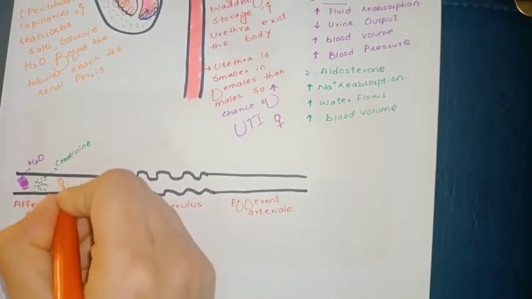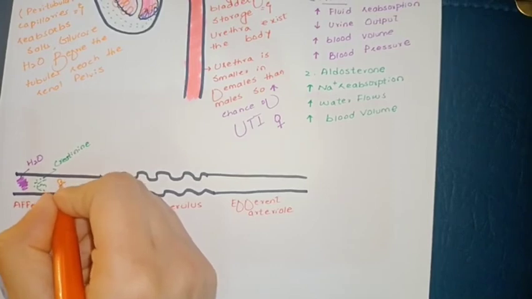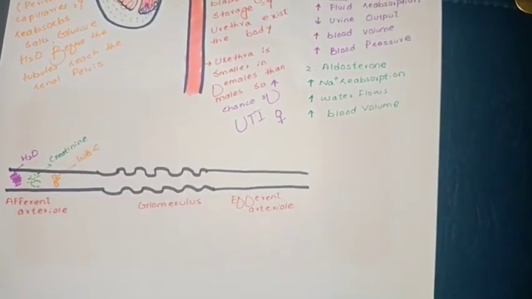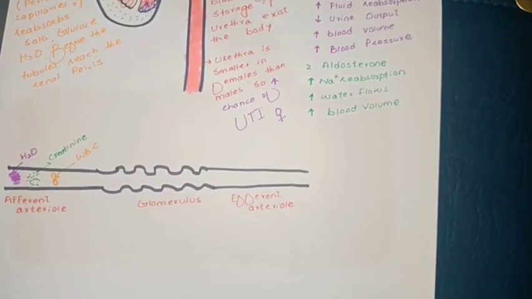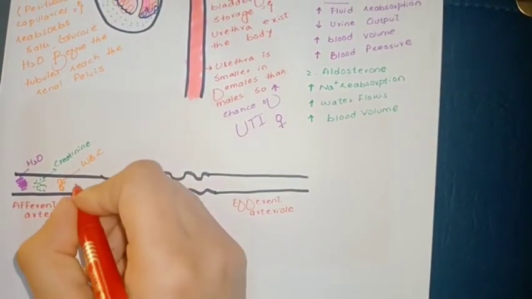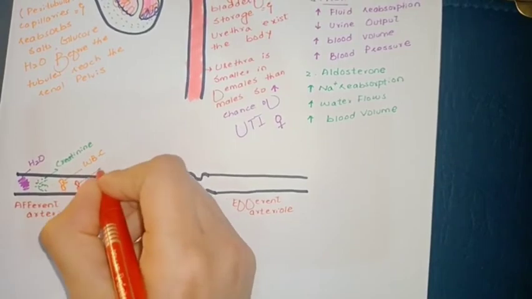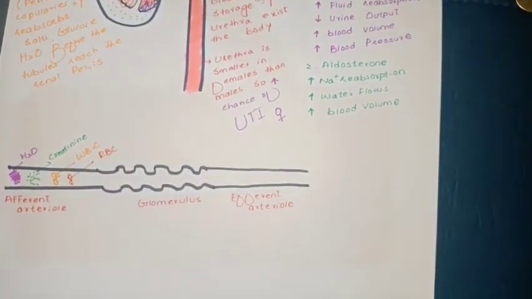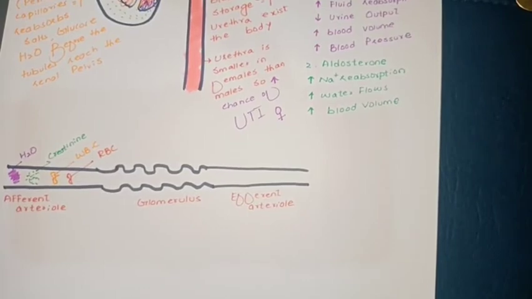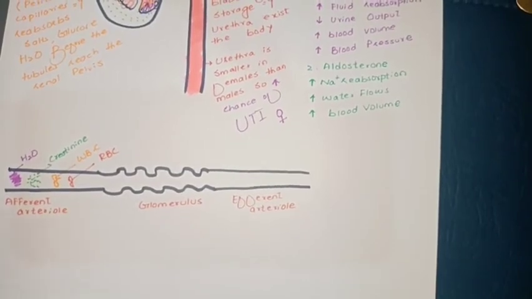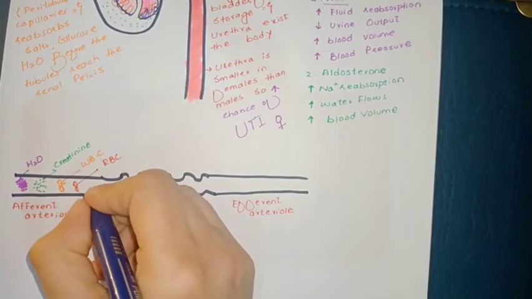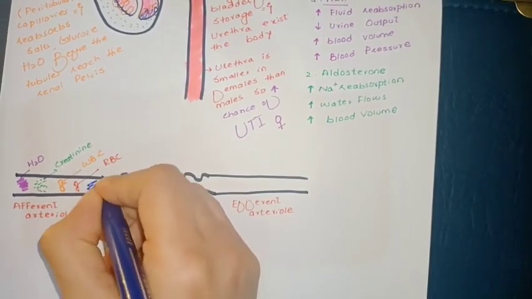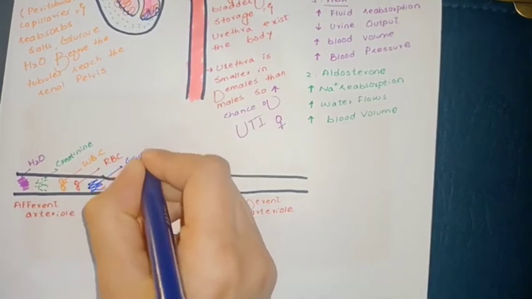This is a white blood cell. This is RBCs, and this one is glucose.